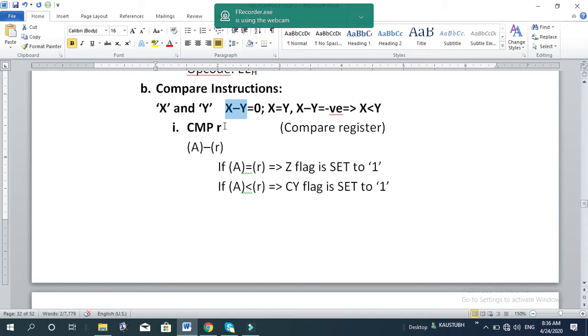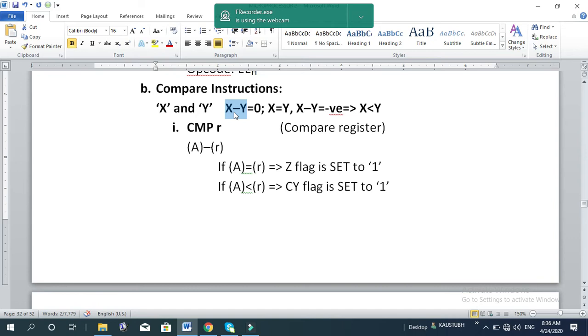But along with these there are compare instructions, and in the compare instruction also the operation performed is subtraction. The thing is that while doing the comparing instruction we don't look for the result, but we need the decision based on the result. In a subtraction instruction we need the result. Say for example, if I would like to subtract 5 from 7, 7 minus 5, I am looking for the result, which is 2.